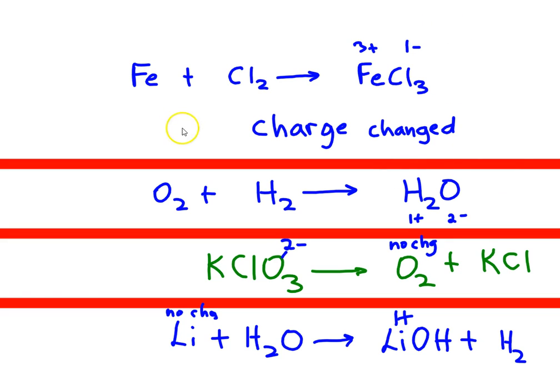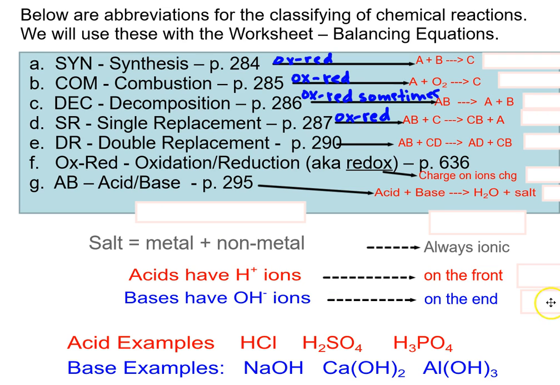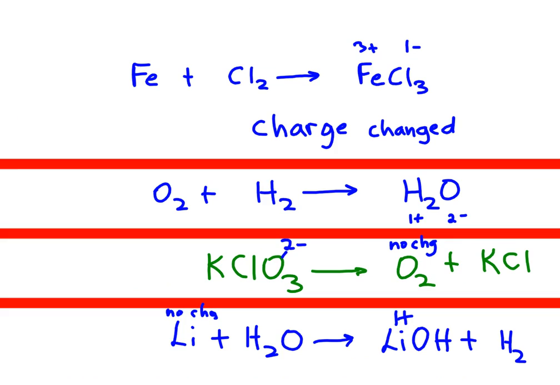All right, here's a few examples before I do the homework. This guy is your very first one, synthesis. Okay, this one right here. So synthesis, what did I tell you? Synthesis is always going to be an addition. Did you write it down? Oxred. Yeah.